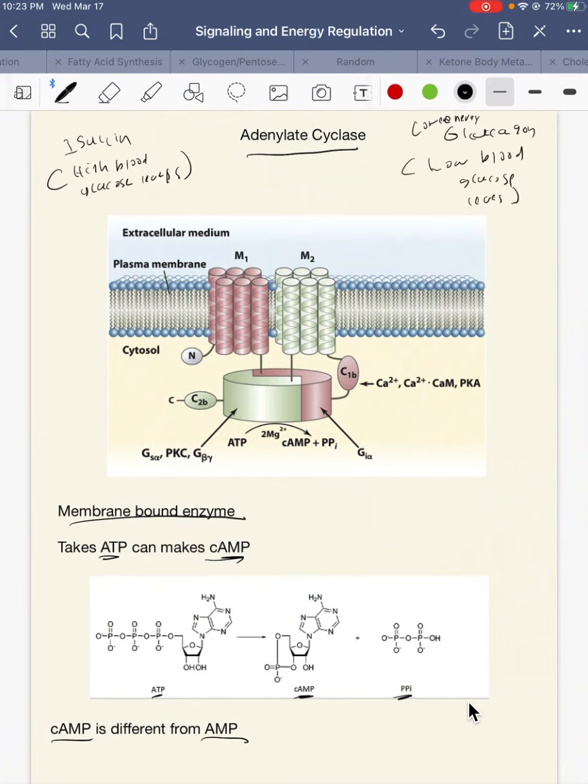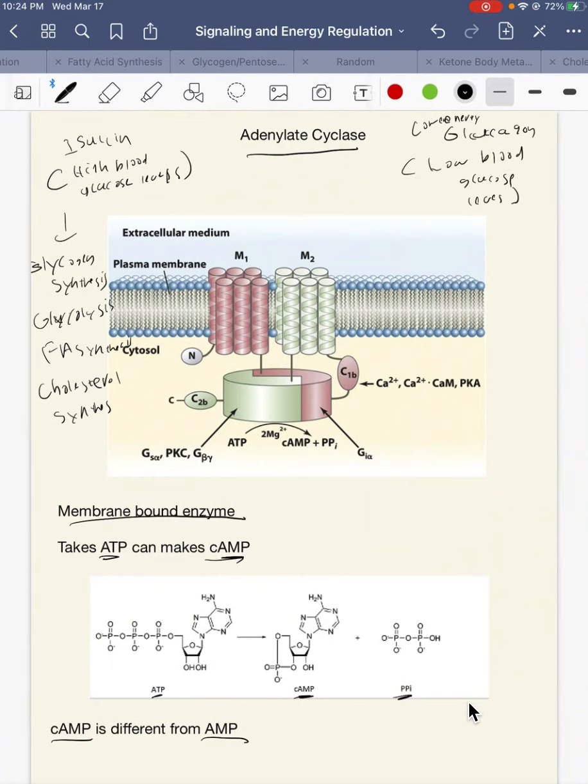So insulin is high blood glucose levels. So we want this eventually to activate glycogen synthesis, right? Because we have a lot of glucose. We'll probably want to run glycolysis, maybe some fatty acid synthesis. We can do cholesterol synthesis if we want. So basically stuff that is run when we have high energy.